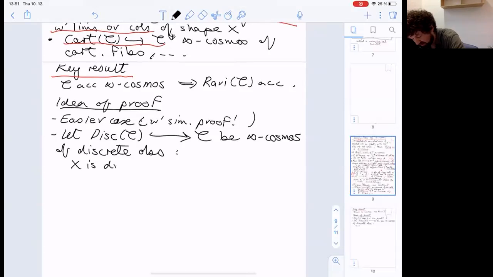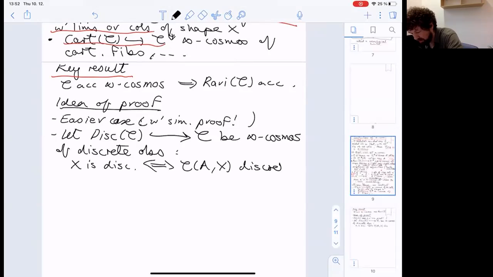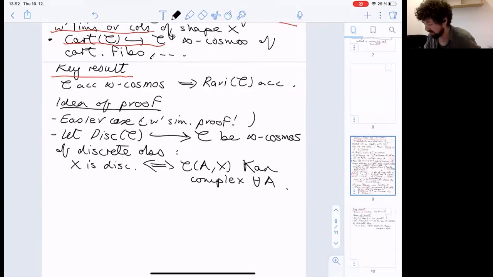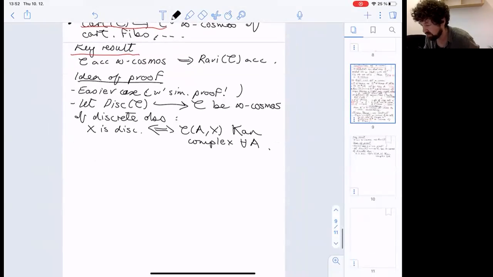But X is discrete by definition if and only if C(A,X) is discrete for all objects A. Okay, so this is a representable sort of definition.